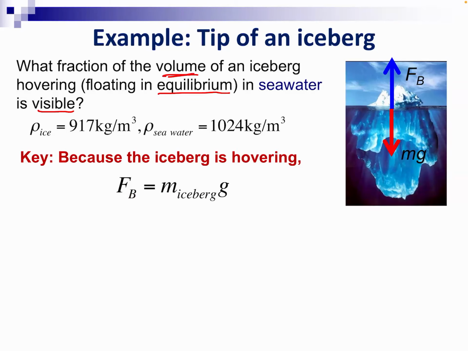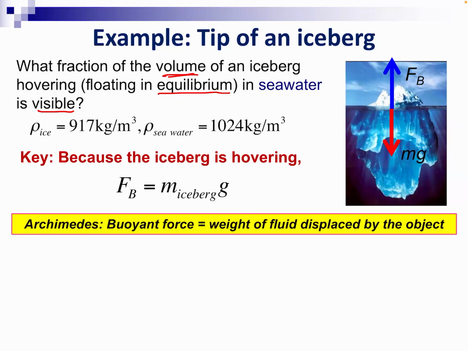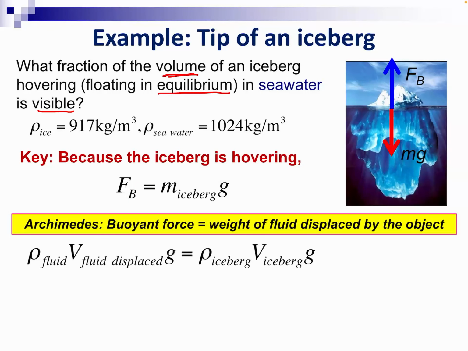We want the volume, but in this equation as it stands, there's no volume relationship. But if we expand buoyancy force using Archimedes' principle, which says that the buoyancy force is equal to the weight of the fluid displaced by the object, then the left-hand side of the equation will be equal to the weight of the seawater displaced by the iceberg.